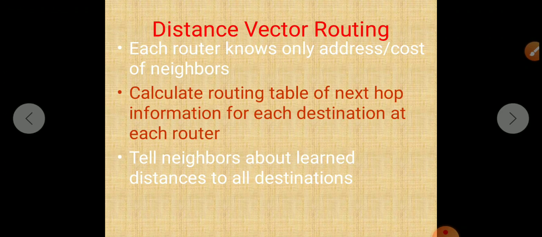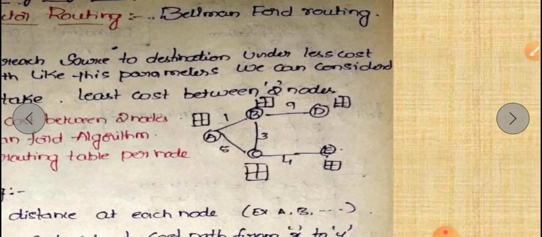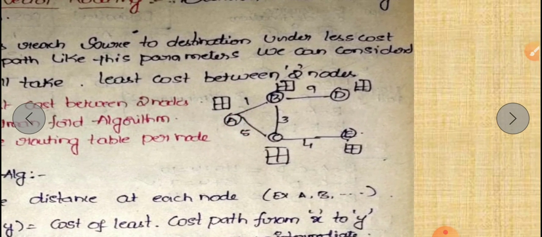What is meant by a hop? When a packet moves from one router to another router, it loses one hop count, that is, the count is decremented by one. Here is an example. Take the same example, A to B and B to D. I have sent one packet, where A is the source and D is the destination.